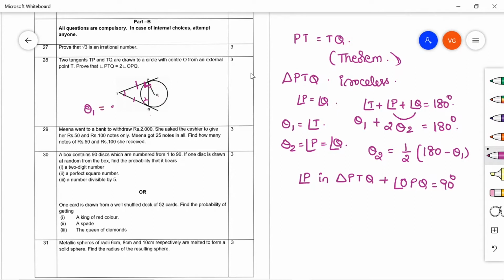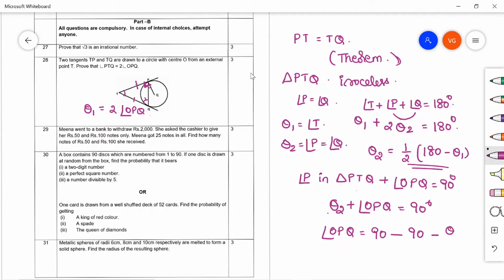So theta 1 is equal to 2 times angle OPQ. Now substitute here. In triangle PTQ, angle P is theta 2, plus angle OPQ is equal to 90 degrees, right? So angle OPQ is equal to 90 minus theta 2. Theta 2 is this much, so 180 by 2 is 90, minus theta 1 by 2.